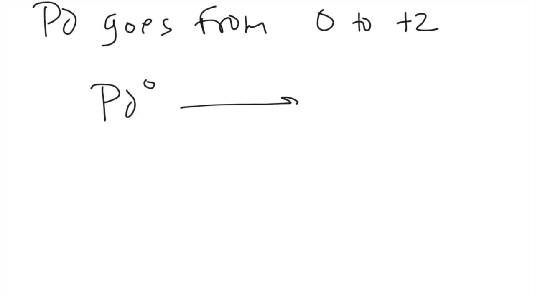So I want to start with slide 13 and show you what I'm talking about with palladium insertions. Palladium goes from the 0 to +2 oxidation state throughout these reactions. So you start at palladium 0 and you react with some RX group.